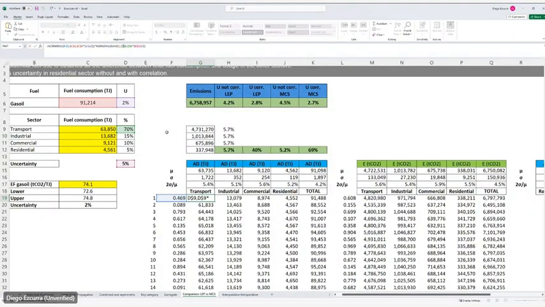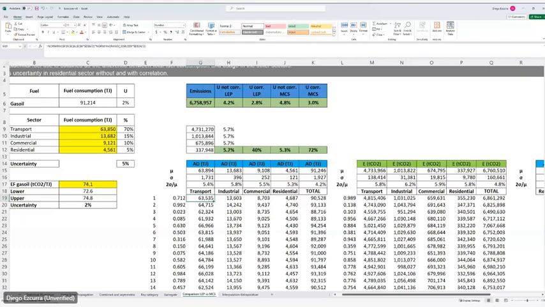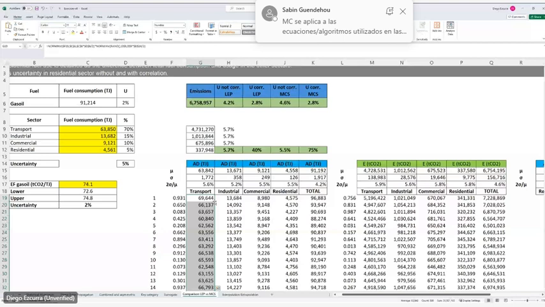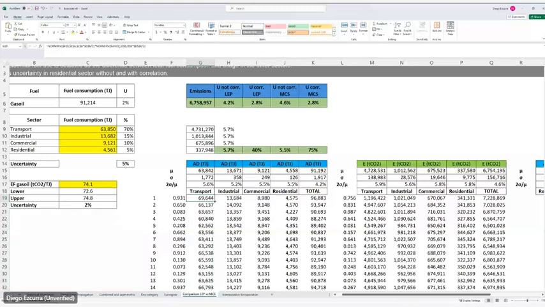So this is the multiplication, just because I'm multiplying the total consumption by 70%. In this way, if I extend this cell, you see how it recalculates every time I double click here.